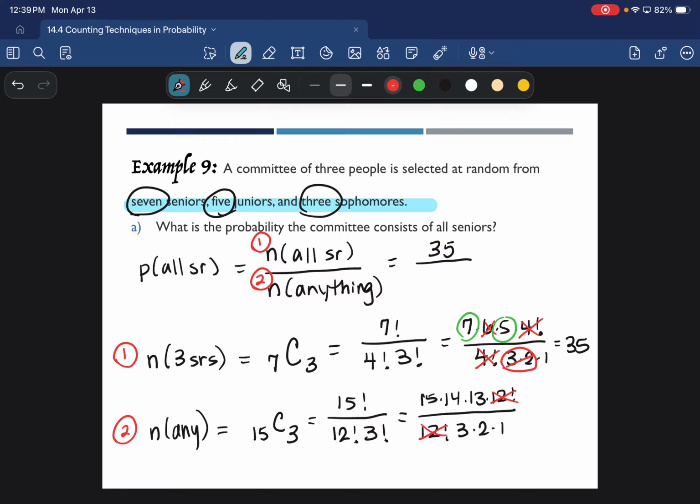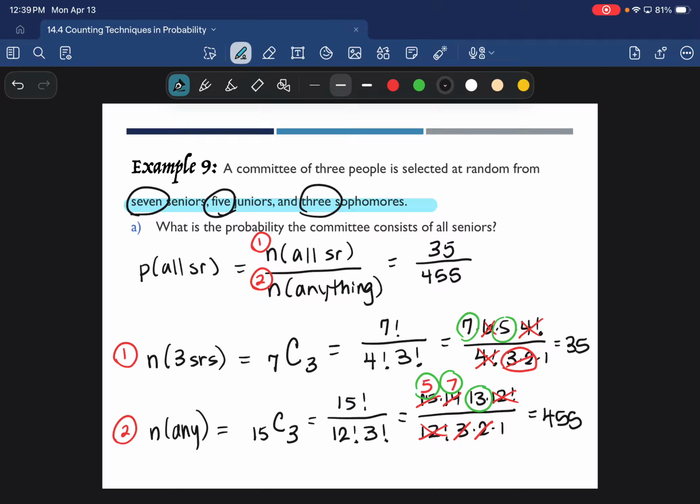But I can divide the 3 into the 15 to give me 5, right? And I can divide the 2 into the 14 to give me 7. So I have that 5 and that 7, and I have a 13 here. So what happens when you multiply these together? 455. Yep, 455.